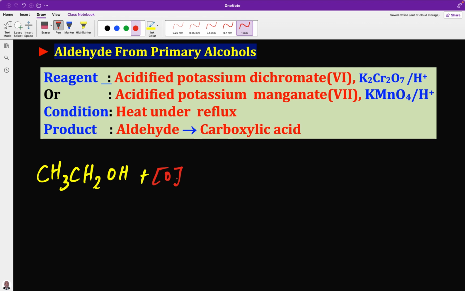The oxygen given here is from an oxidizing agent. We'll have this plus a molecule of water that is always removed.